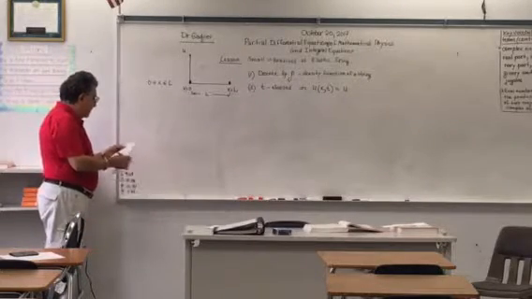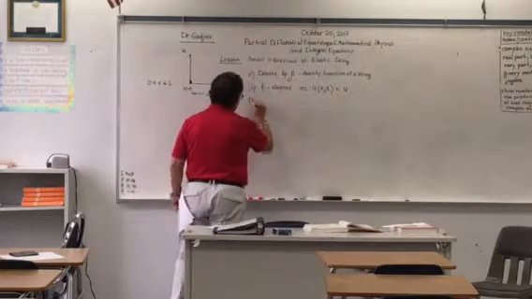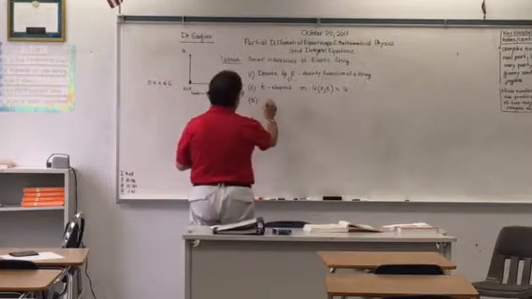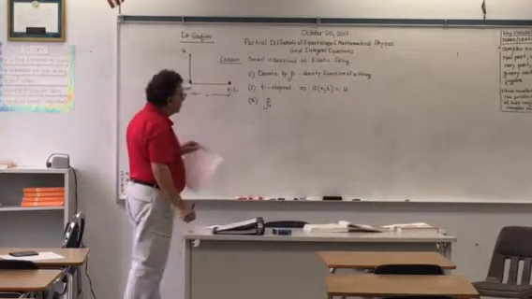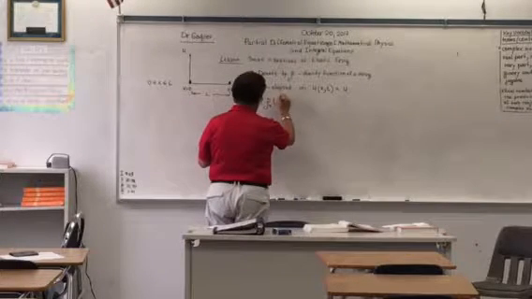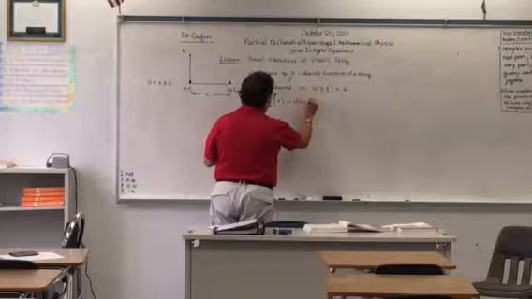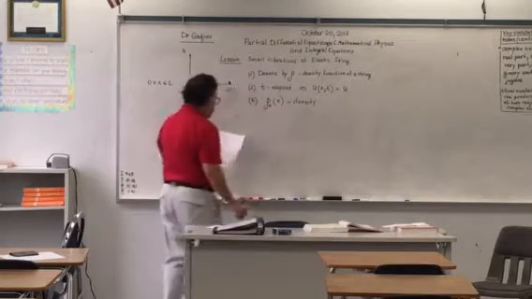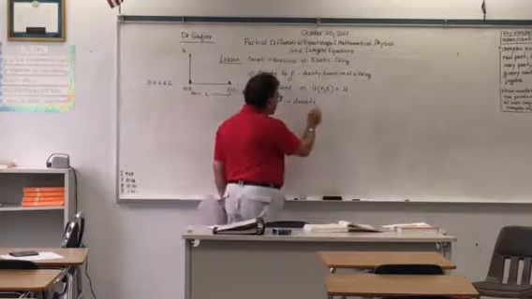Next, let us denote by rho 0 of x the density of the string at the equilibrium position.